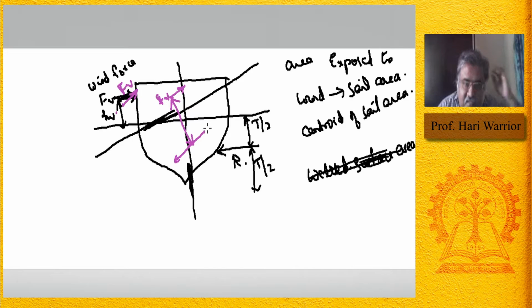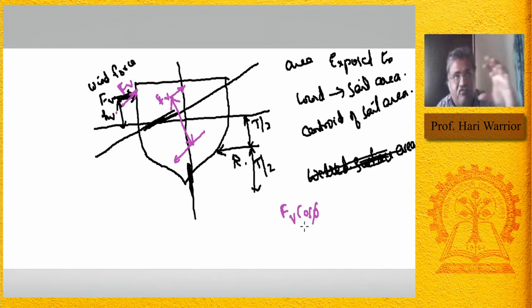First of all, Fv fully won't act. Only Fv cos phi will, because we want only the force that is perpendicular to the sail area. We are taking only the force perpendicular. When the ship tilts like this, the force is in this direction.